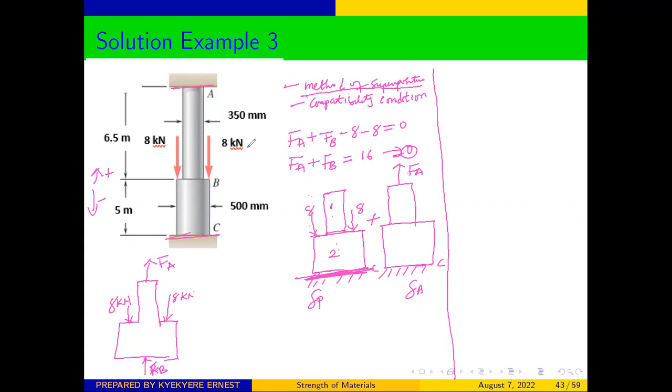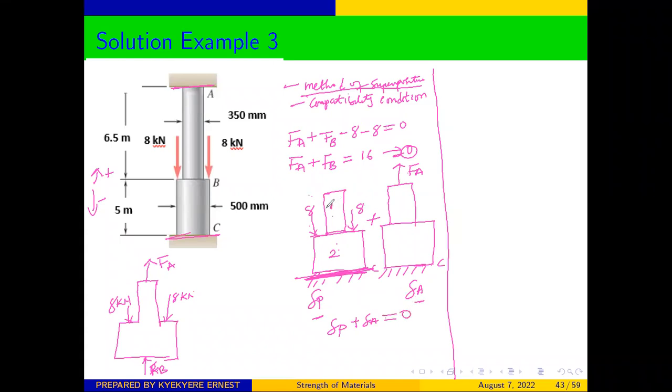So we can say that the deformation as a result of the external force, which is the P, plus the deformation as the result of the reaction at A, when you add the total deformations, they should be equal to 0.